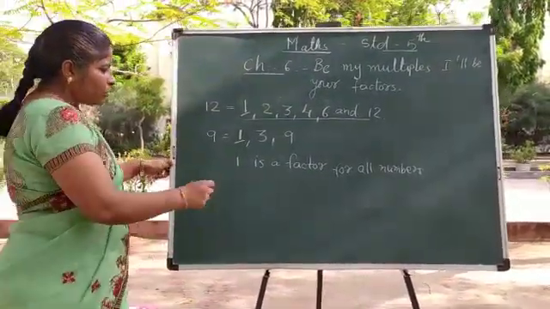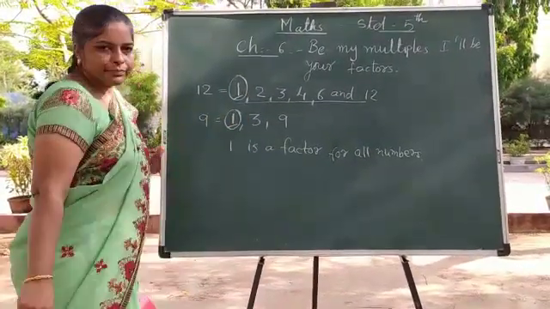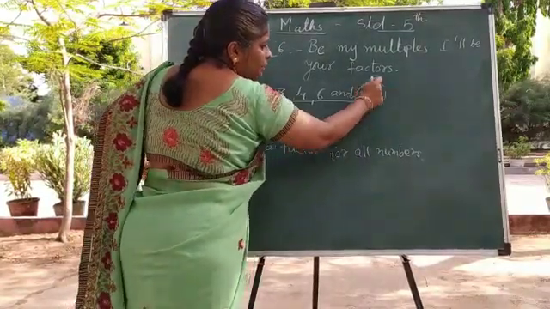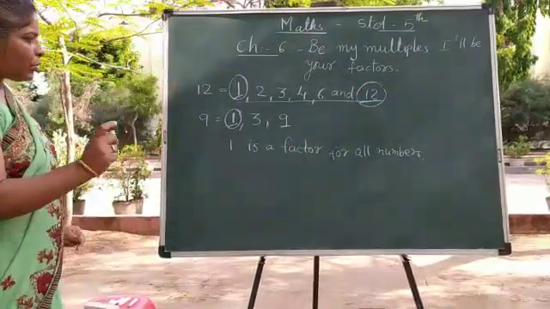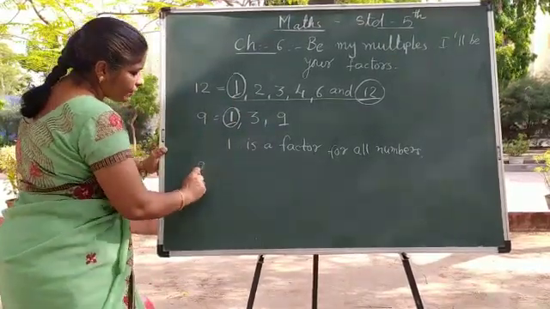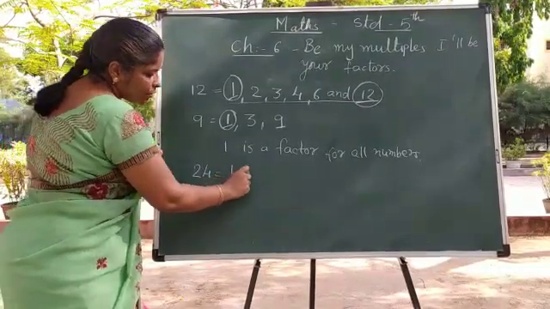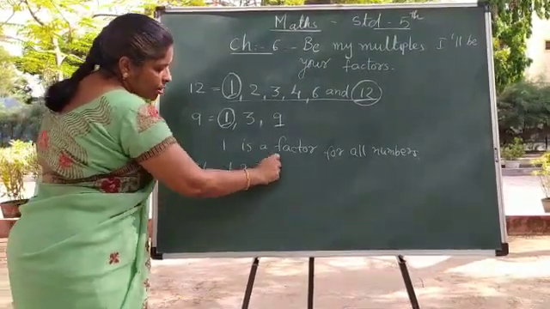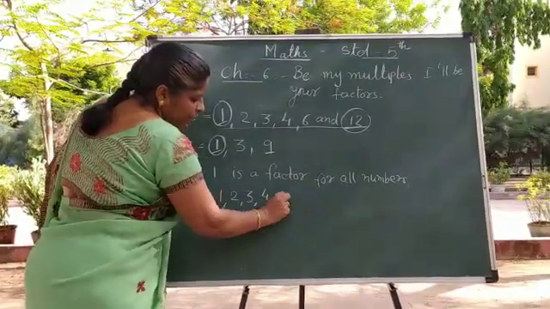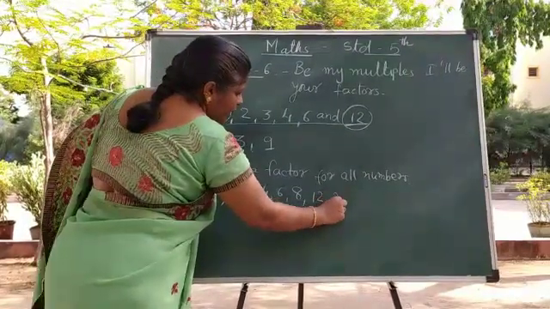Okay, now you can see 1 is the smallest factor and the greatest factor is the number itself. So in all the numbers, when you ask for factors, for example take 24. 1 comes in all, then 2, 3, 4, 6, 8, 12, 24.